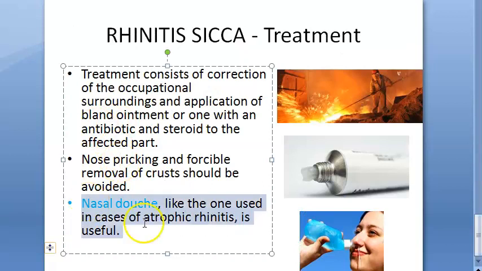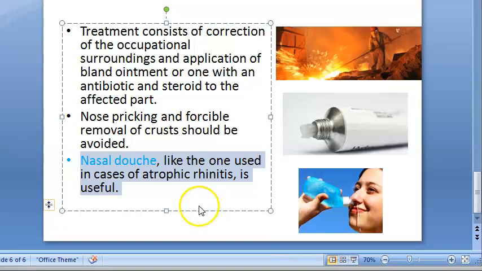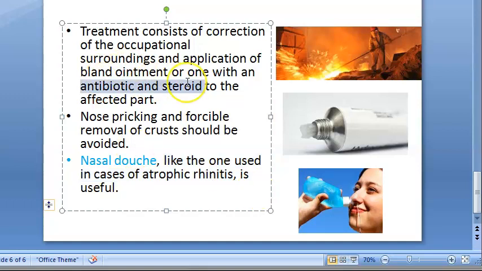But in Rhinitis Sicca, what they are generally saying is nasal douche like the one used in atrophic rhinitis. They're talking only about the alkaline solution, isn't it? But here they have mentioned antibiotic and steroid. Steroid was not mentioned in atrophic rhinitis, isn't it?